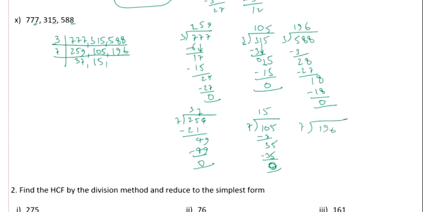And again the last number 196 divided by 7. 7 28s are 196. Now further common factors are not possible. So we just have 3 and 7. So highest common factor is 7 into 3, that is 21.